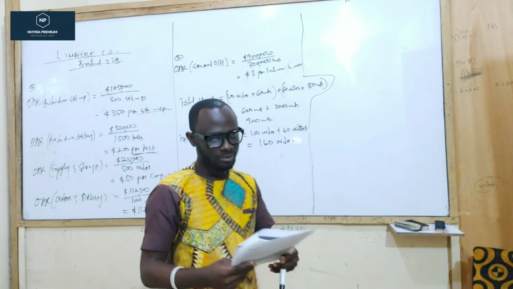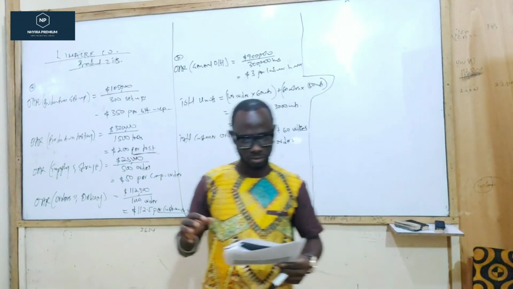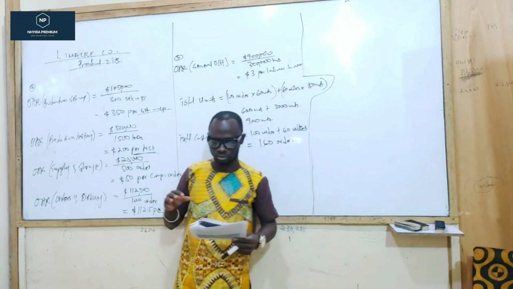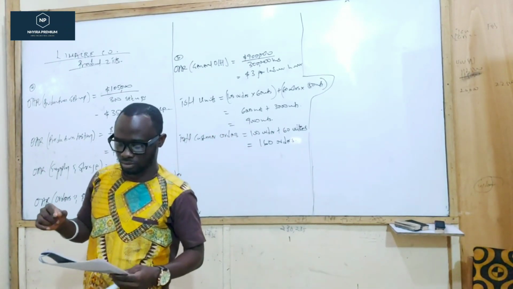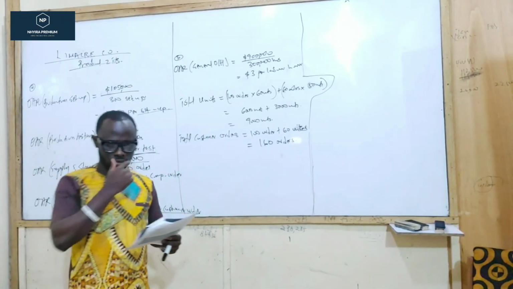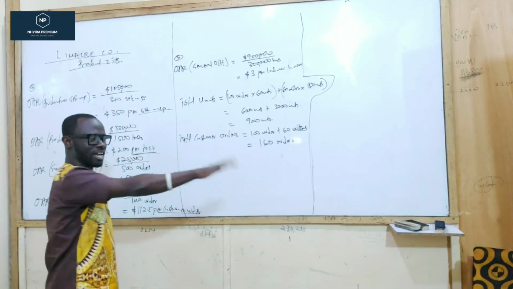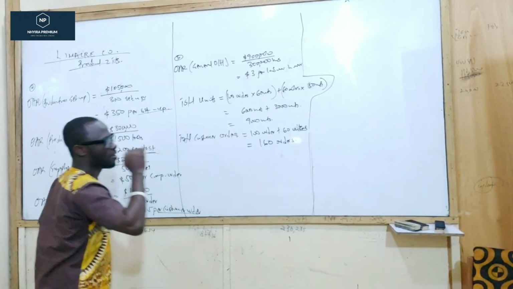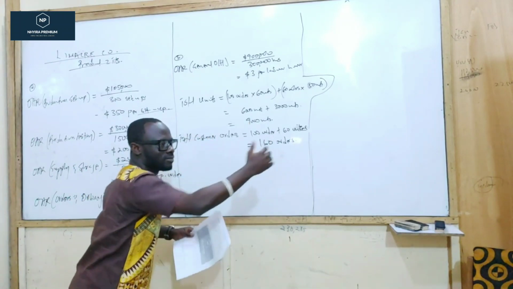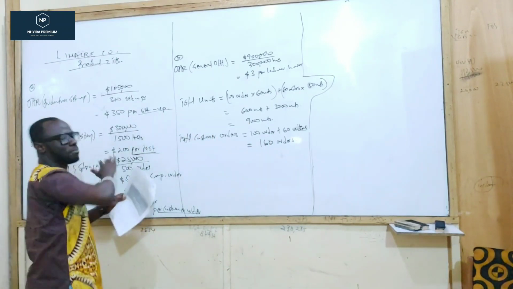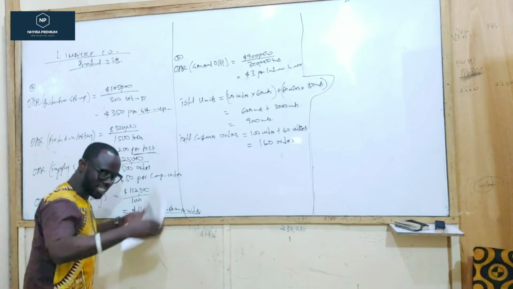The company holds no inventories of product ZT3 and will need to produce the order requirement in production runs of 900 units. Now, listen carefully, another bomb is about to drop. Production runs is the same as setup. Let me say that again.